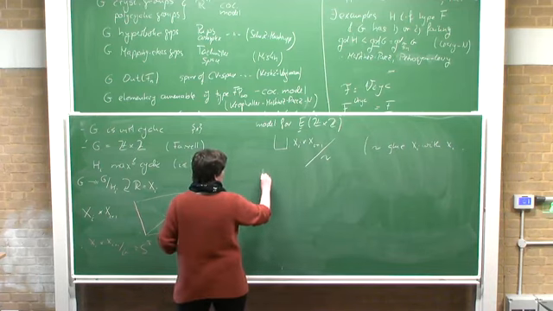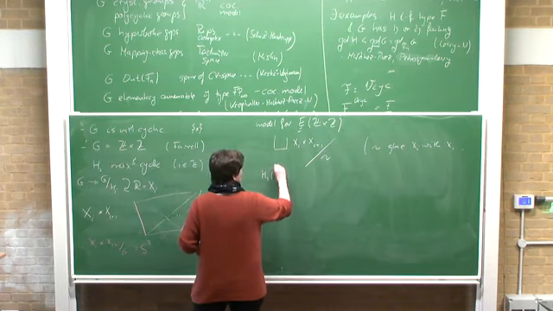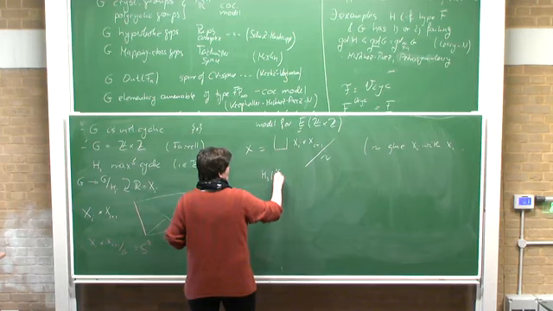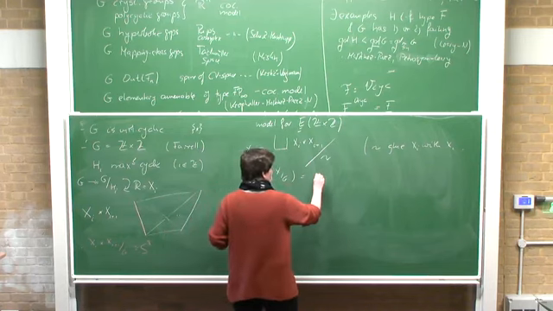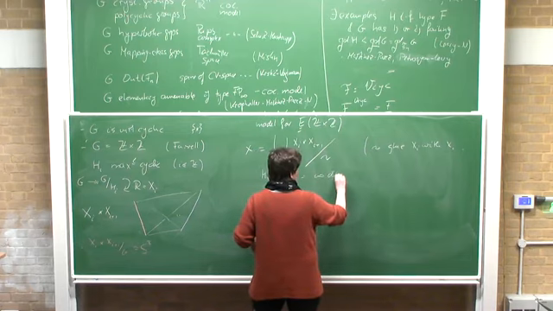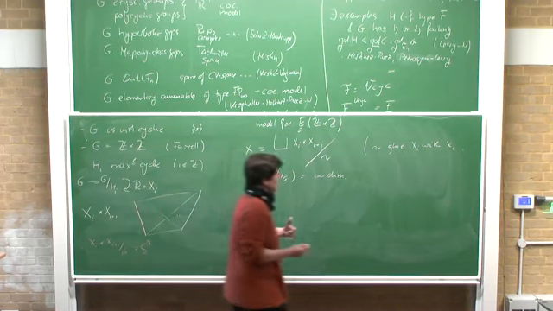And the third homology, whatever this is, so this is x, is infinite dimensional. So really this is the best kind of thing dimension-wise.